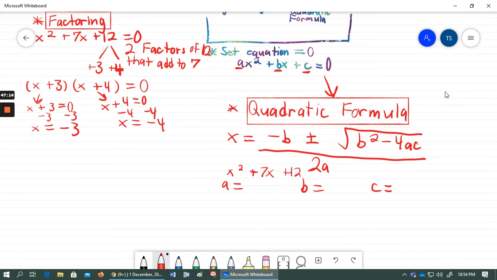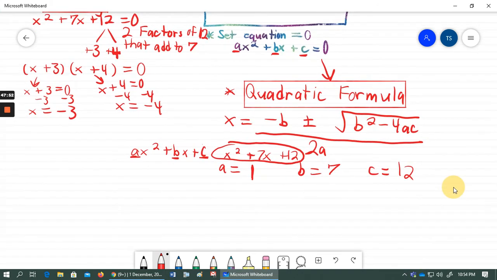The number in front of x squared is technically 1. It's in the form ax squared plus bx plus c. So a is 1, b, the number in front of x, is 7, and c, the constant term, is 12. First you have to identify your a, b, and c.